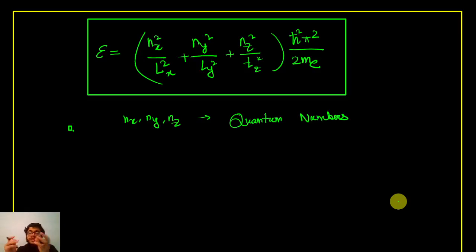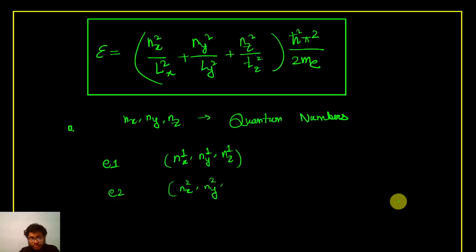Now we can label the electrons with quantum numbers. For example, electron 1 has quantum numbers nx1, ny1, nz1. Electron 2 has nx2, ny2, nz2, and so on. We can label the electrons like that.